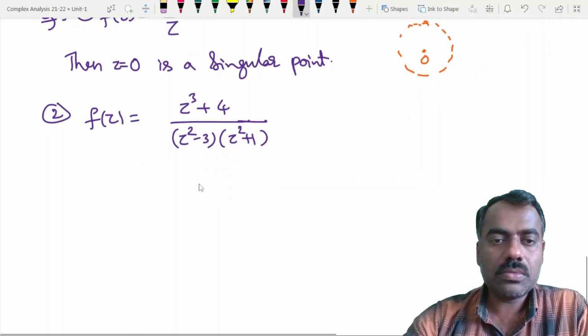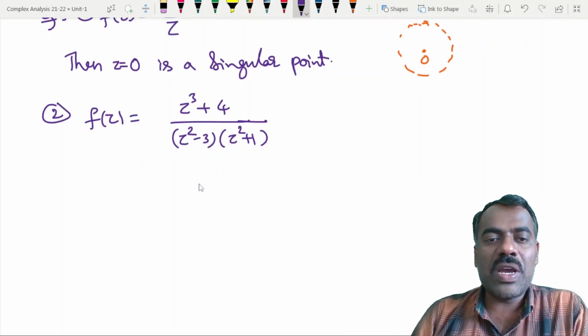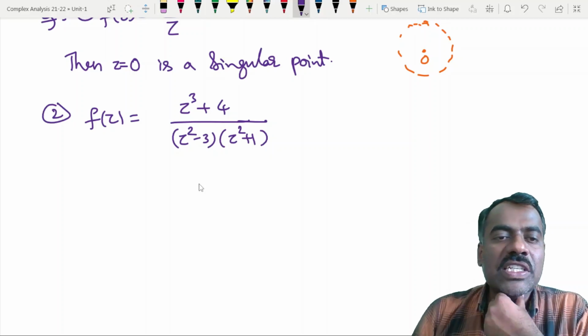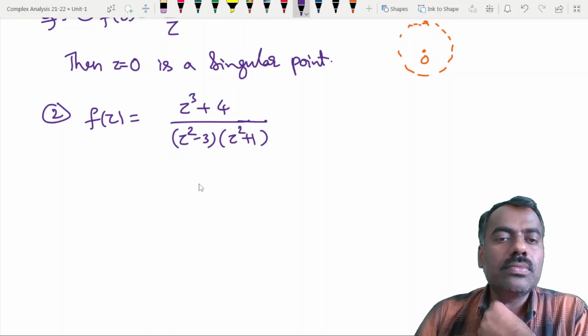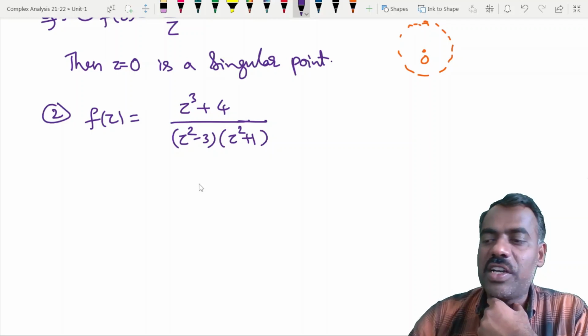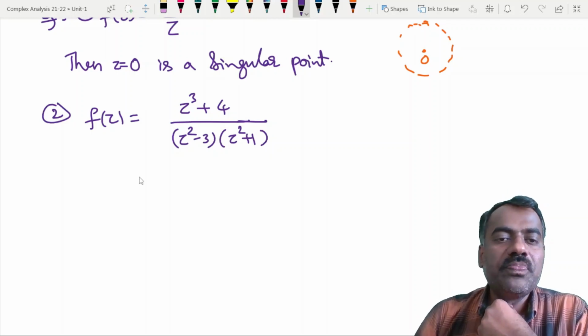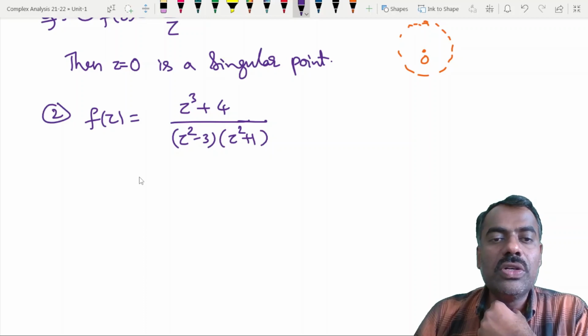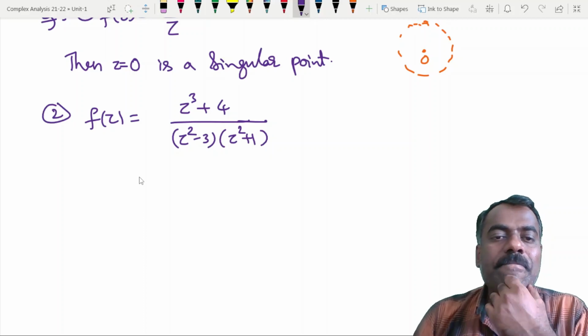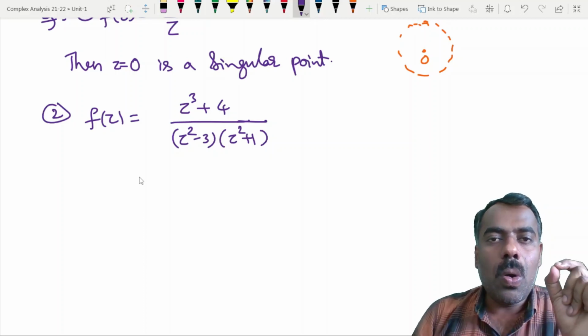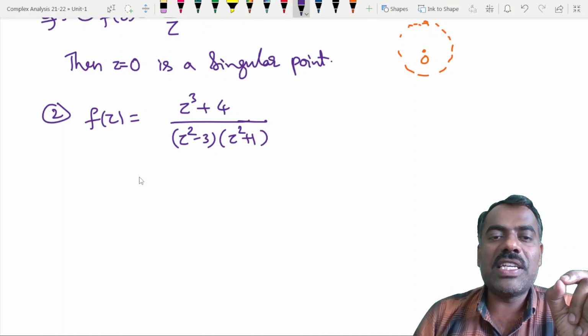So if you consider z square minus 3, this function is not even defined at z square equal to 3. Yes or no? This function has a problem, it is not defined, at z square equal to 3 and z square equal to minus 1. So only at those points is this function not defined.